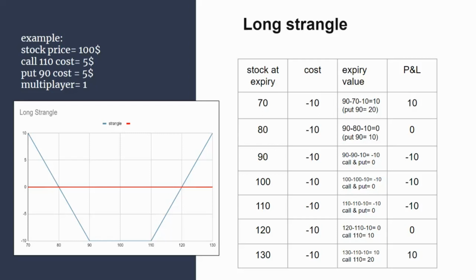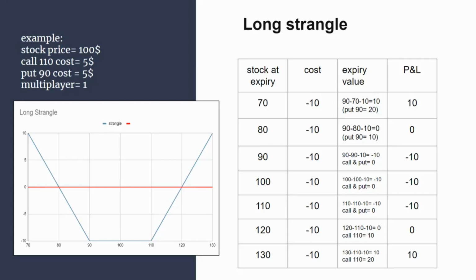But do remember that we also paid premium for this put option, and it was also $5. So even though it paid us 20, all in all, we need to deduct $10 of the cost. And that means that it gave us a net profit of $10 for this strategy.